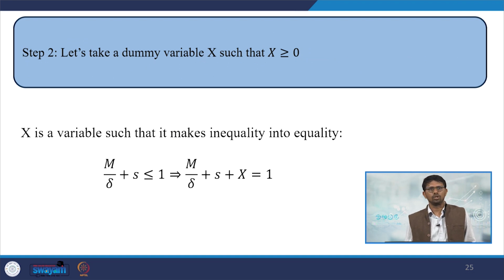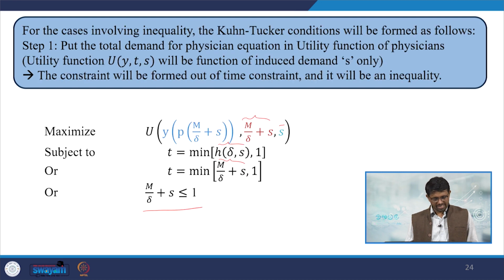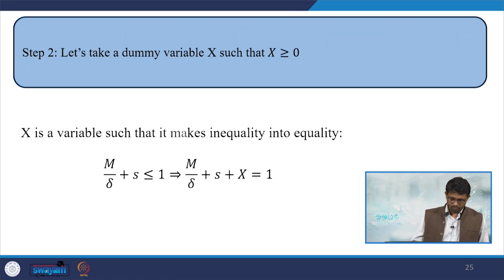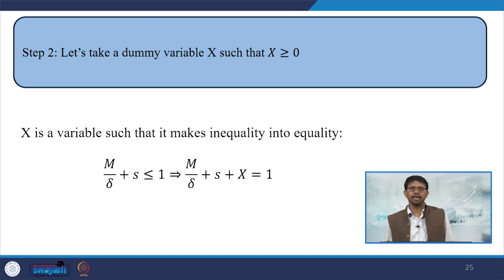Let us take a dummy variable that is x such that x is greater than or equal to 0. So, what is this indeed? We are just clarifying. x is a variable such that it makes inequality into equality.